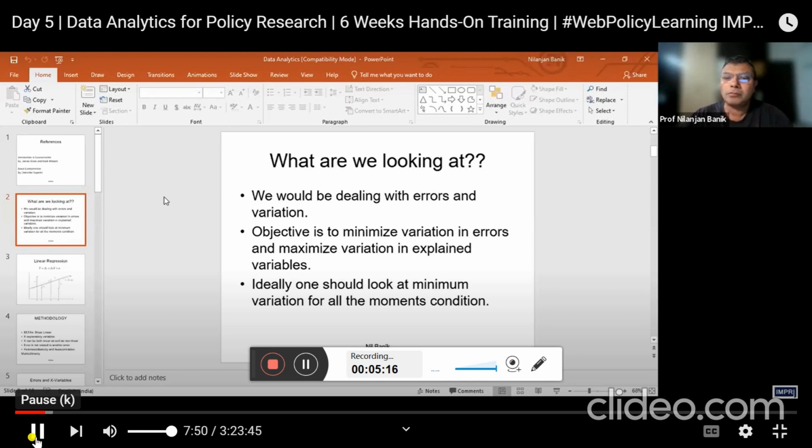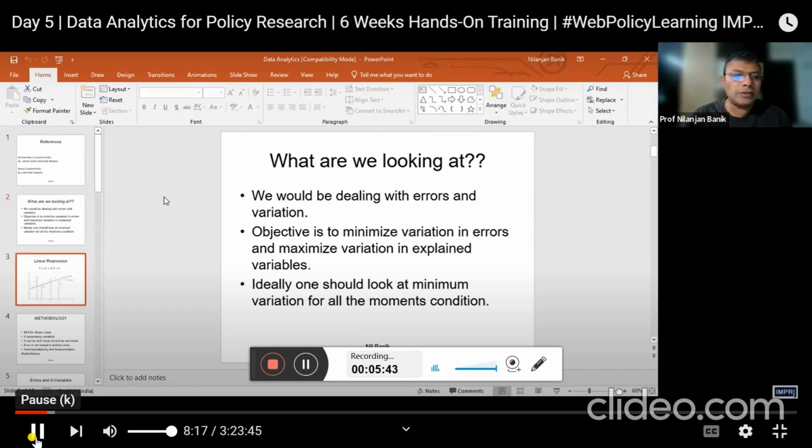We don't go beyond variance, to kurtosis or skewness or the fifth or sixth moments. That is something you deal with in the methodology called GMM, the generalized method of moments. I'm not going to do that today, but maybe in the future, if we are doing some other classes, we can have a look at that.